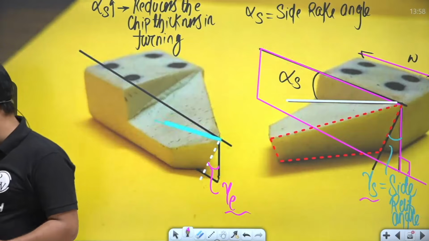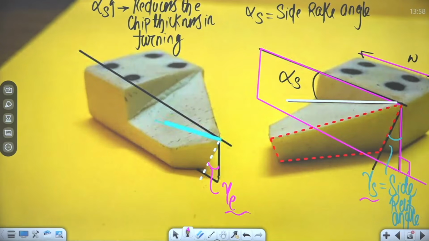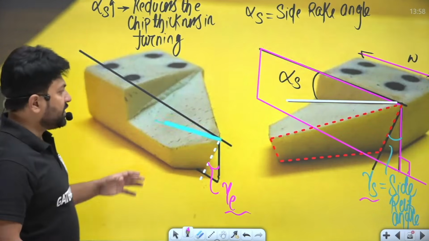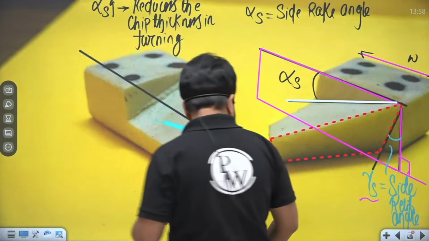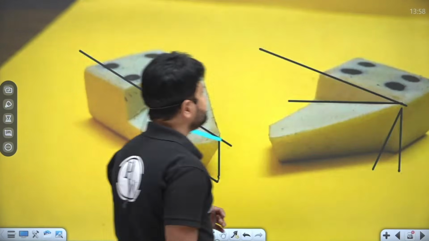If rubbing is avoided, then friction is minimized. So I hope both the things are crystal clear. Now let's move to the next slide.